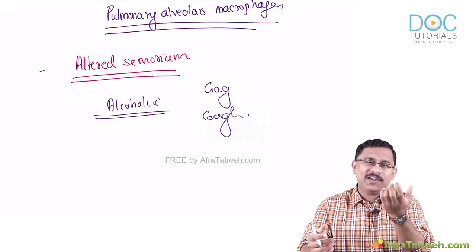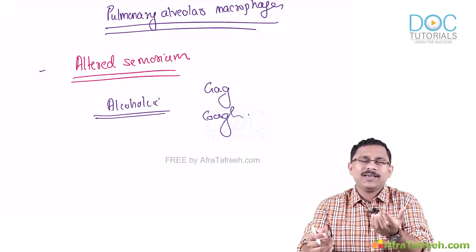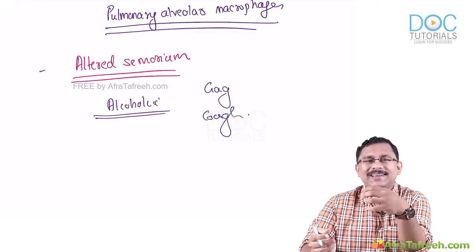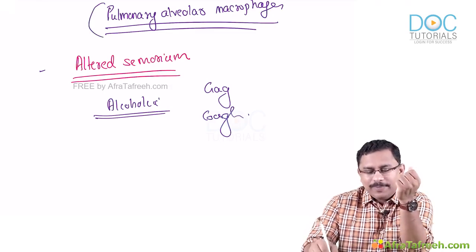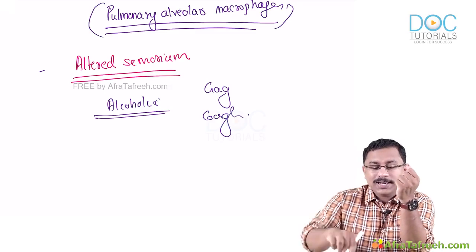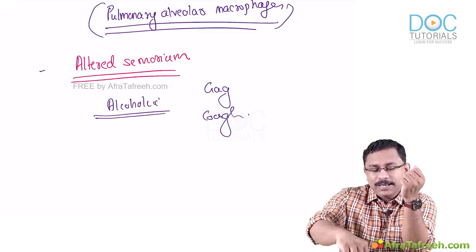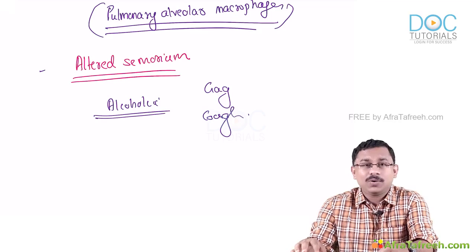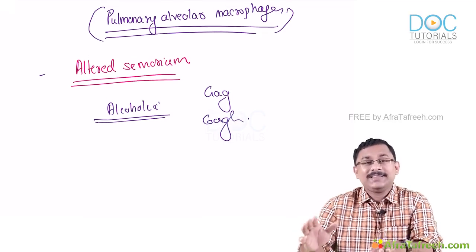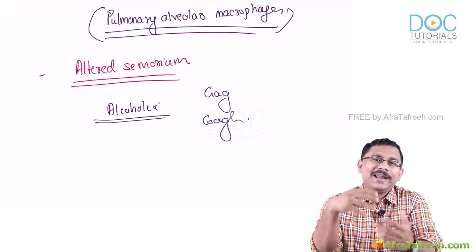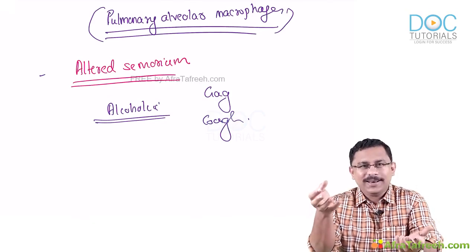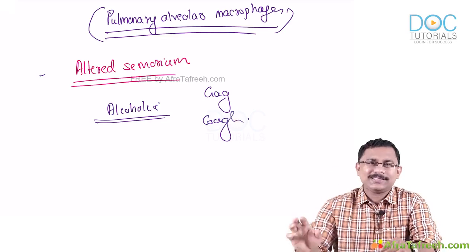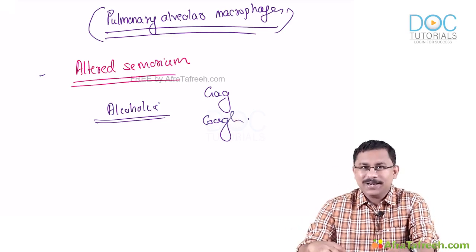Sometimes you might have a heavy microbial load reaching your alveoli, and your pulmonary alveolar macrophages may not be able to contain the infection. In such a scenario, when the macrophages are not able to control the infection, you are likely to get the anaerobic colonization. That is how you will get an anaerobe infection of your lungs. I hope that part is also clear.